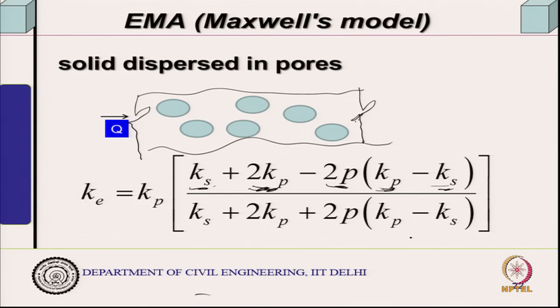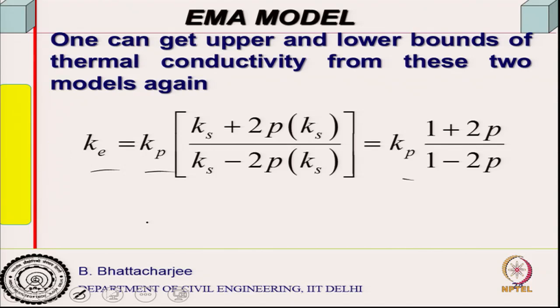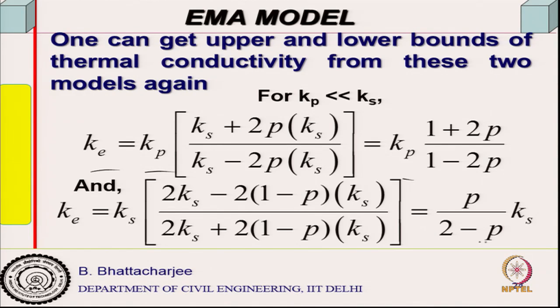It will simply be Kp in the extreme cases. Again I can get two ranges, p divided by 2p minus Ks. By neglecting the Kp's with respect to Ks, I will get something of this kind. These two again give an upper bound and a lower bound.